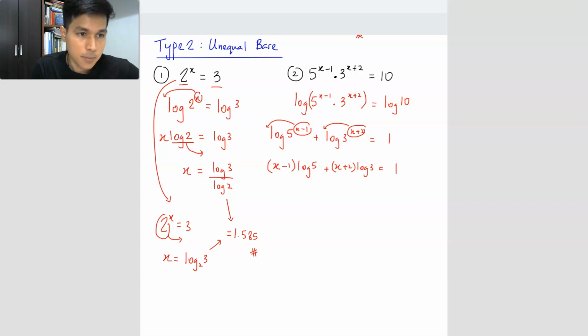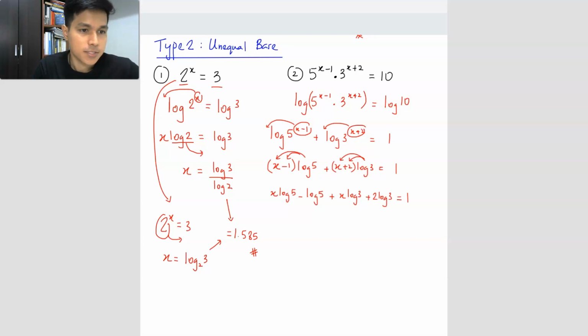Since it's multiplying, you can expand the bracket. So what you will get is x log 5 minus 1 log 5, which is the same as log 5, no need to write 1, plus x log 3 plus 2 log 3 equals 1.